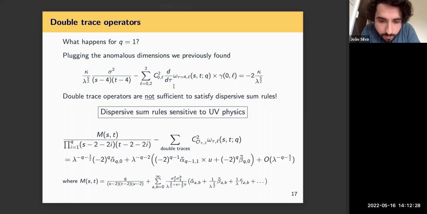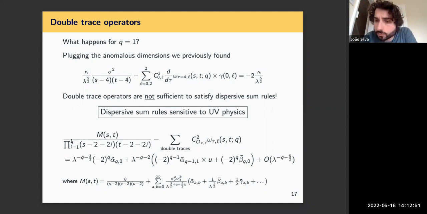Okay, so we want to study these heavy operators, but before doing that, I want to package all the information about the low energy operators. Let me package it in this way. Take the Mellin amplitude minus the double trace operators, minus this sum, and now this is the sum that we can do. I'm telling you that if you do the sum, then the first contribution will start at order lambda to the power minus q minus 3/2.